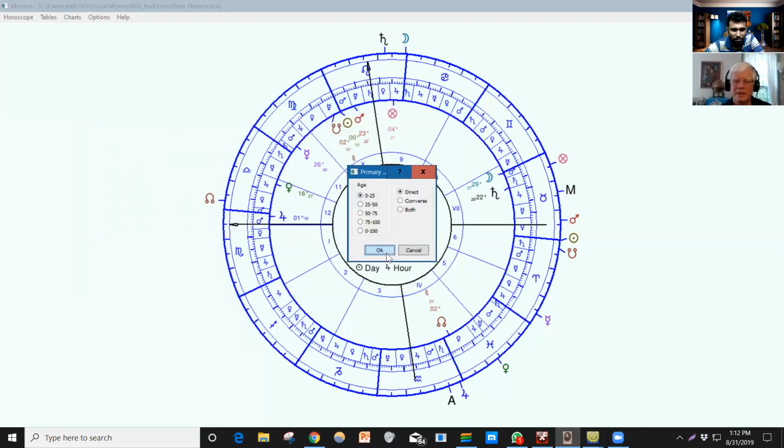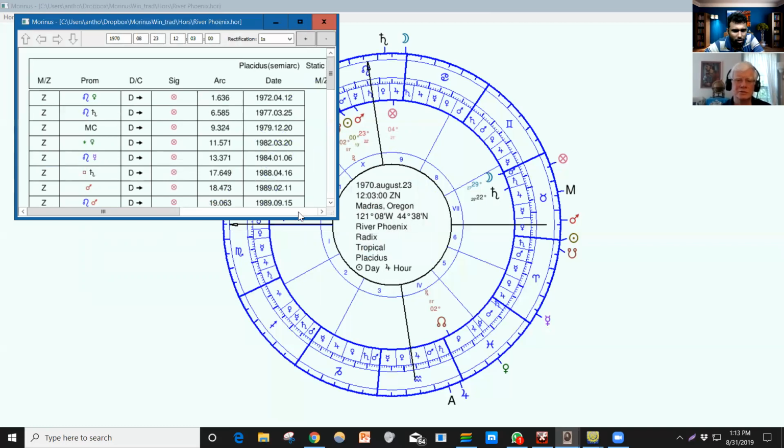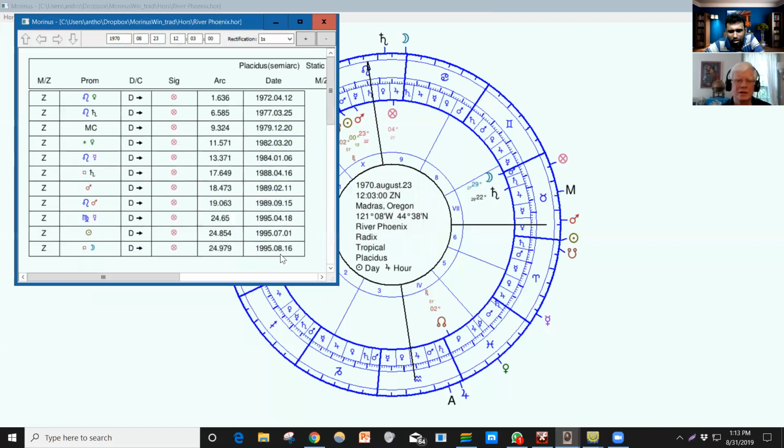Yeah. And so let me make this bigger. All right. So age 10, he would be 1980. Well, he had the mid-heaven come to the lot of fortune when he was 9. Yeah. Well, no, this is almost age 10, isn't it? This would be in effect 1980, right?